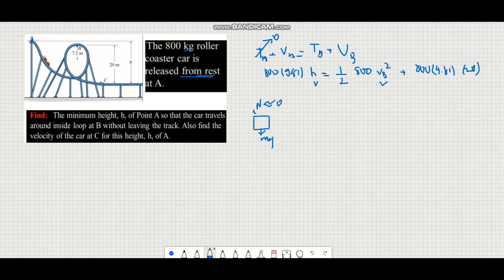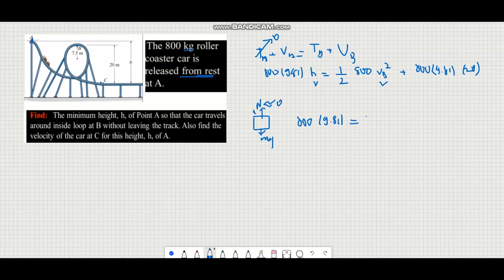So mg, which is 800 multiplied by 9.81, is gonna be equal to, because we need to make the centripetal force act on the outside of this one, right?